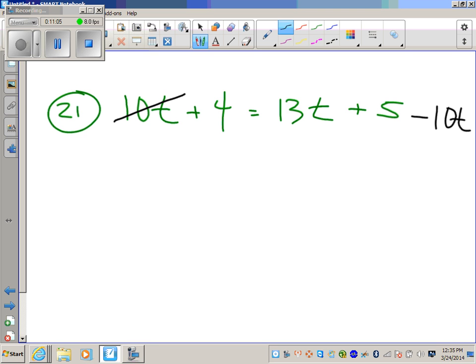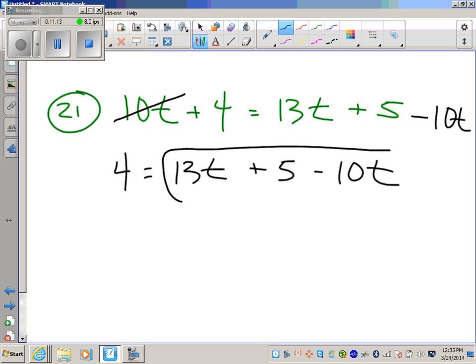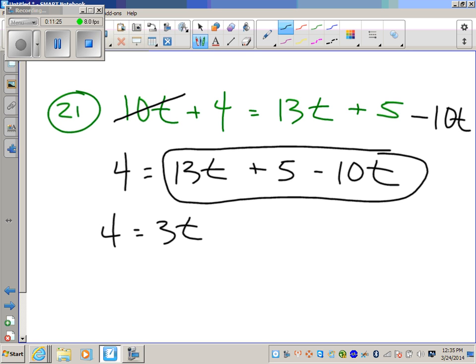Let's subtract it from here, leaving us with 4 is equal to 13t plus 5 minus 10t. Any like terms over here, Raven? 13t and a negative 10t leaves me with 3t. So 4 is equal to 3t plus 5.